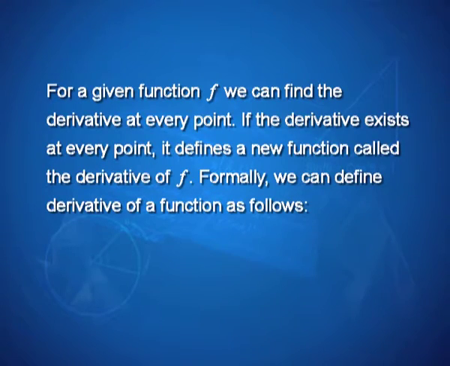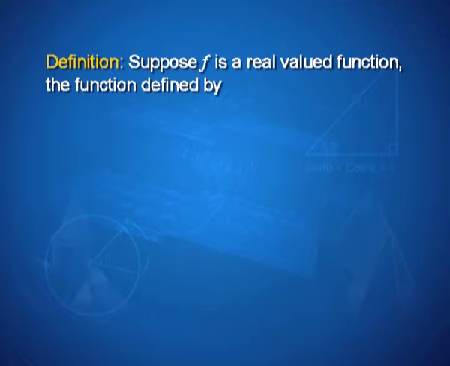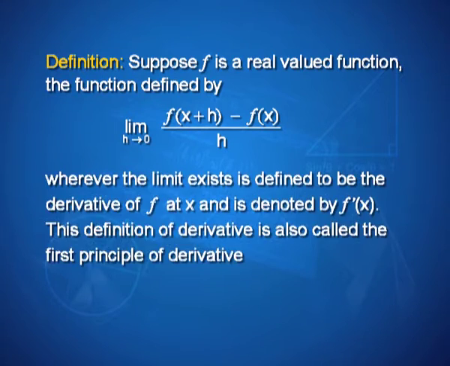For a given function f, we can find the derivative at every point. If the derivative exists at every point, it defines a new function called the derivative of f. Formally, we can define the derivative of a function as follows. Suppose f is a real valued function. The function defined by limit [f(x+h) - f(x)] divided by h as h tends to 0, wherever the limit exists, is defined to be the derivative of f at x and is denoted by f'(x).